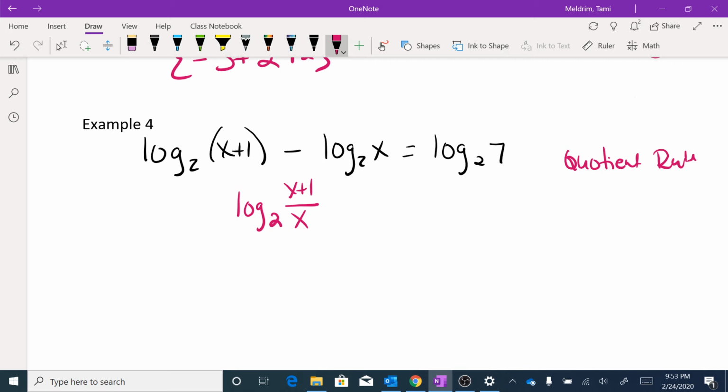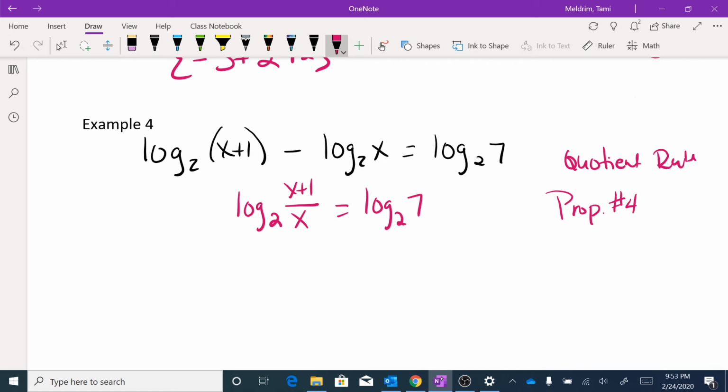We're going to use that property number 4, which states if we're taking the log of x, and that's equal to the log of y, then x is going to equal y. So here's my x and here's my y, and I can set them equal to each other. So I have (x plus 1) over x equals 7. Now I just need to solve for x.